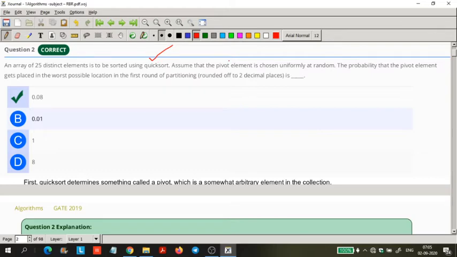What is the probability that the pivot element gets placed in the worst possible location in the first round of partitioning, rounded off to 2 decimals?